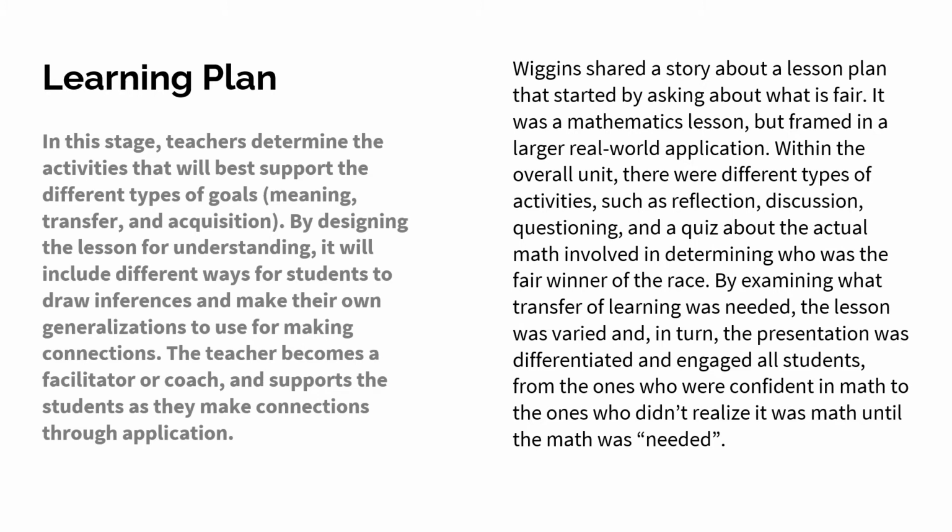By examining what transfer of learning was needed, the lesson was varied, and in turn, the presentation was differentiated and engaged all students, from the ones who were confident in math to the ones who didn't realize it was math until the math was needed.